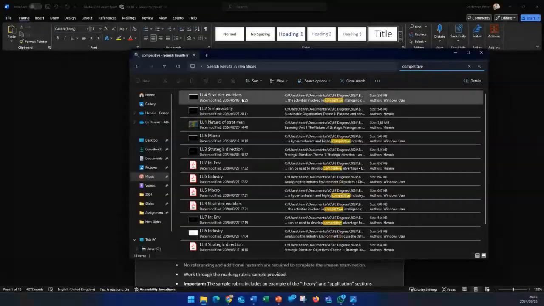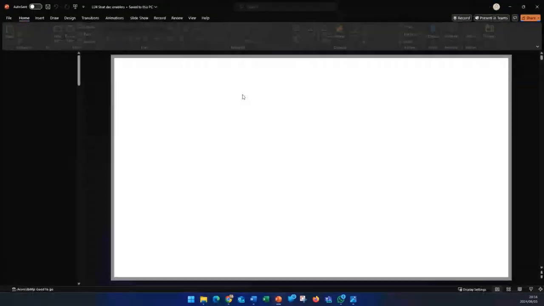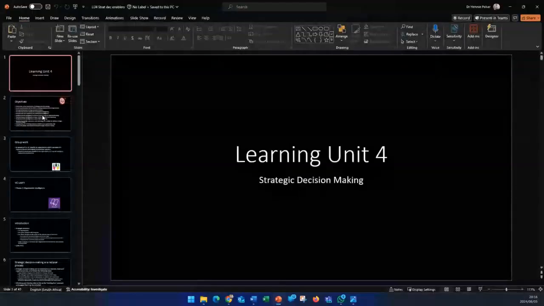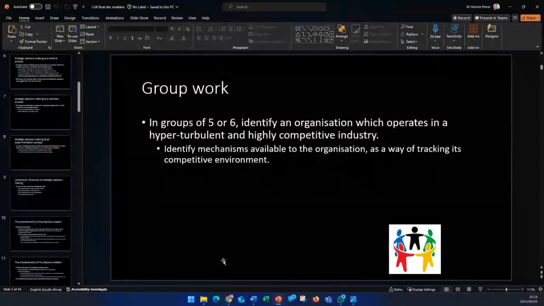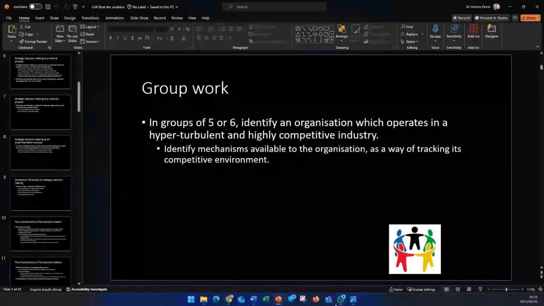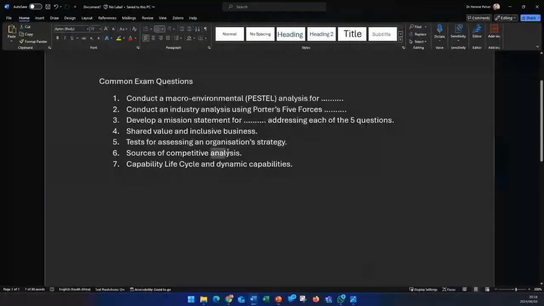No, it was sources of competitive intelligence. I'm clueless, sorry. Competitive intelligence, business intelligence, CRBR, big data. My apologies for that.